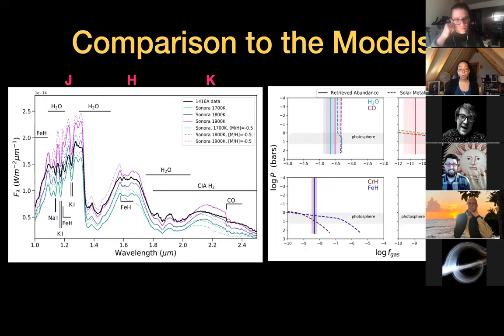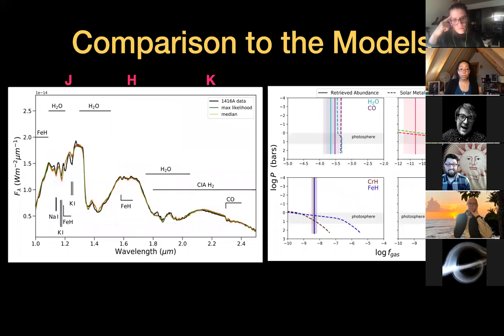If we look at what we get from our retrieval, we see that we're doing a much better job, but there are still a few regions where we're having difficulties. One I want to point out is these iron hydride features. In the H band, we're doing a really good job at fitting it, and we're having difficulties fitting it in the J band.